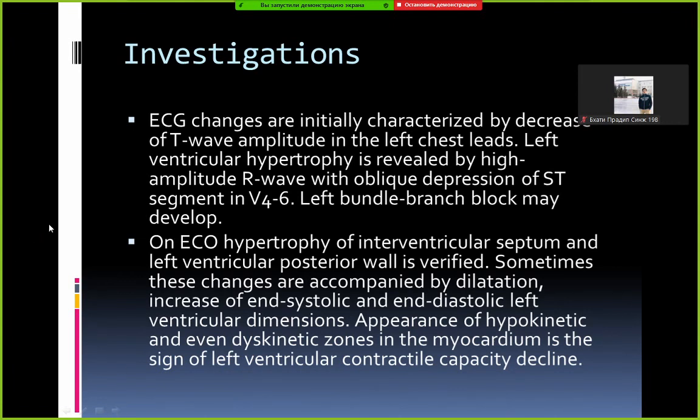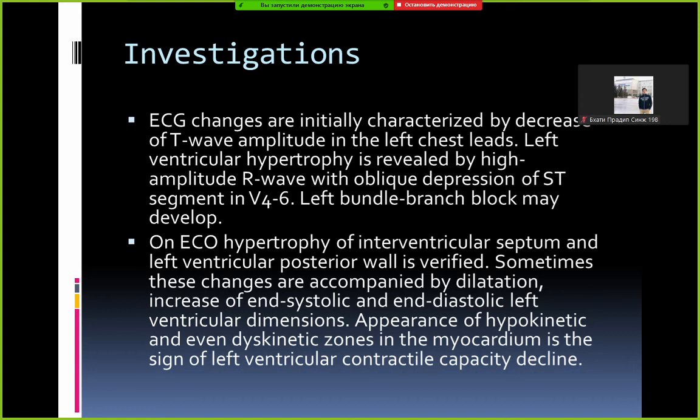Laboratory and instrumental methods of diagnosing. The first is ECG. ECG will detect left ventricle hypertrophy and the relative coronary insufficiency, and also left bundle branch block may develop.